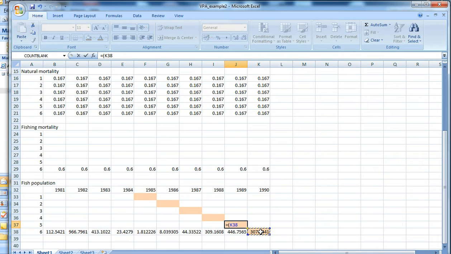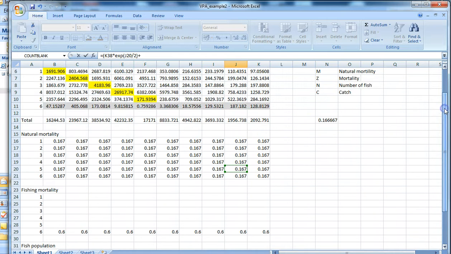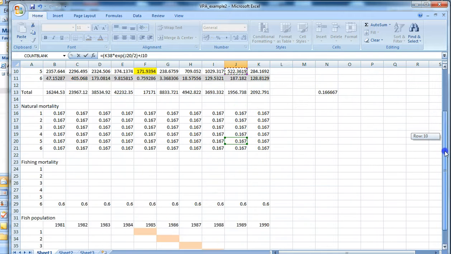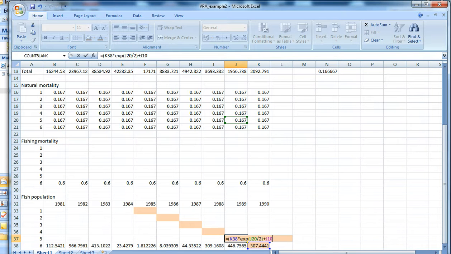And we multiply that by the exponential of natural mortality in that year divided by 2, and then we have to add the catch in that year. Let's say catch in the same year. Yeah, not catch in the following year. Remember that. Okay, so I've done that first bit.